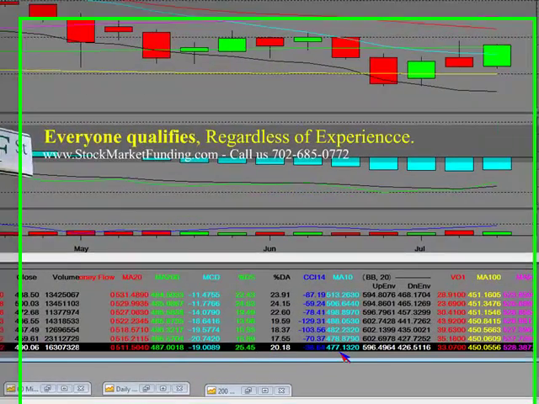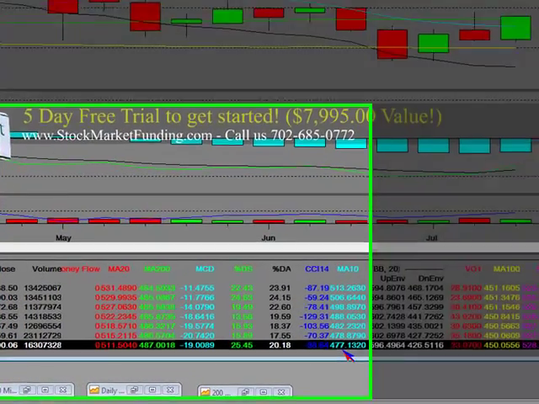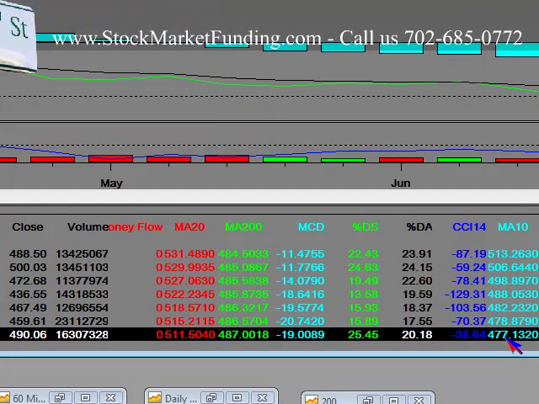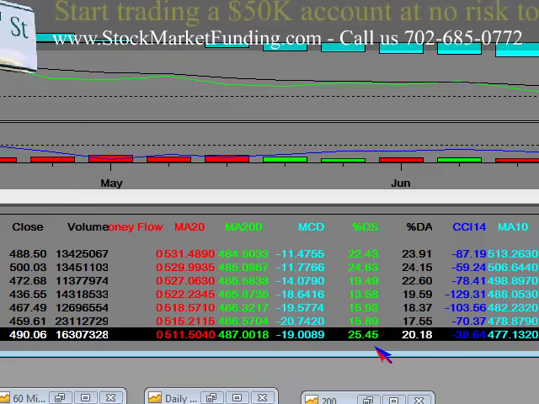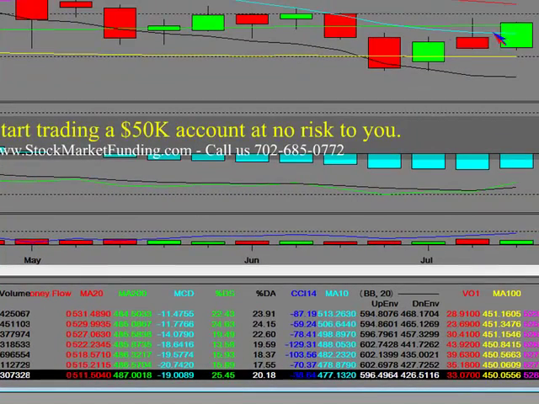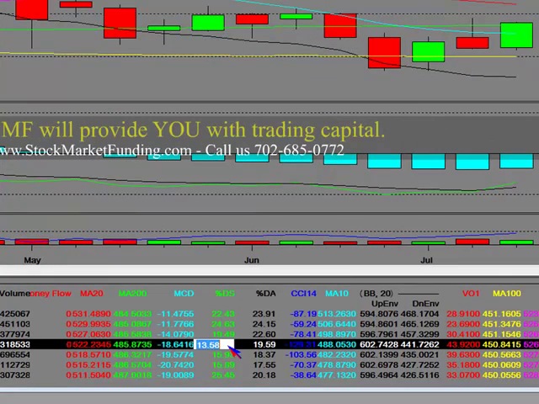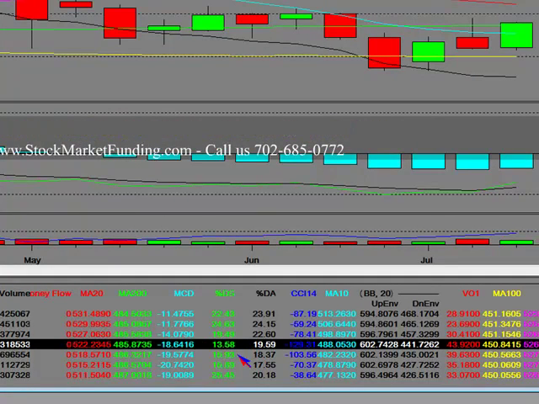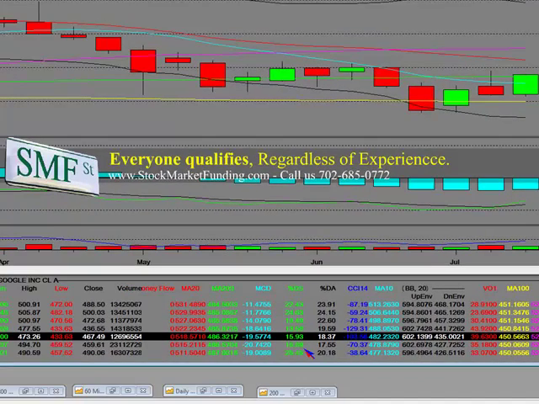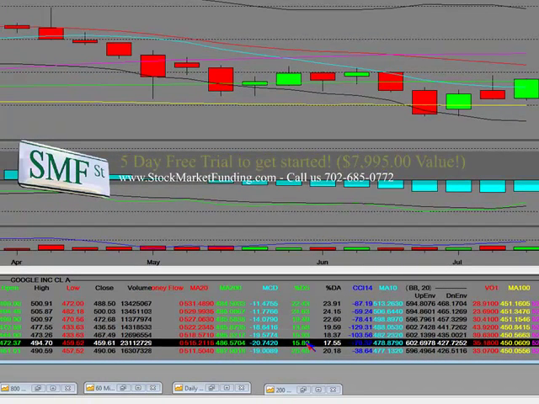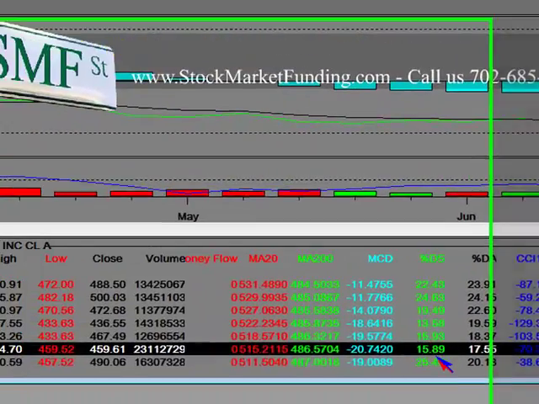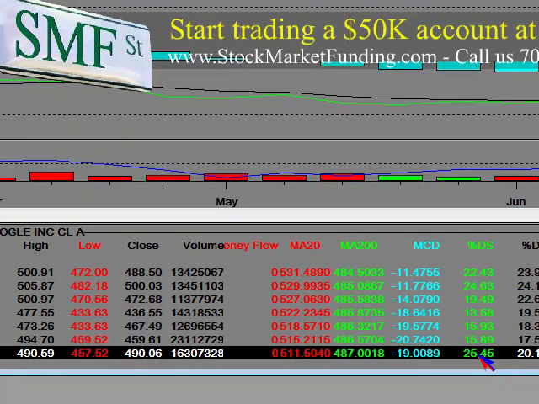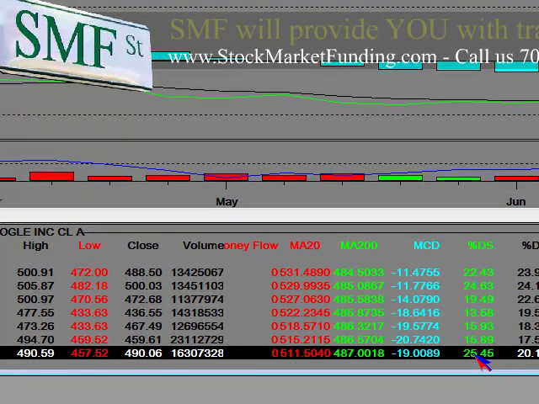And the 10-week moving average right now happens to be at 477.1320 is the reading. The weekly percent DS, where this bottom is put, has gone from 13.58% to 15.93%. During the earnings, it stayed down here in the range, but since that weekly move off the bottom and a weekly follow through, the weekly percent DS is now at 25.45.